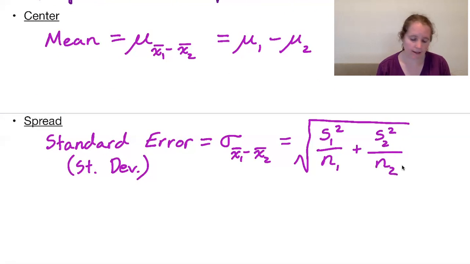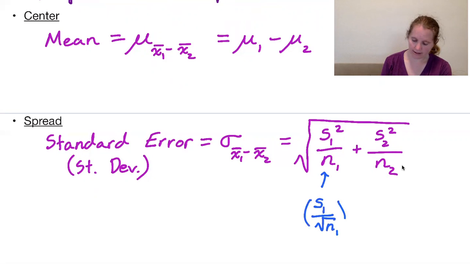So this first part is actually the standard error of the X1 bar distribution. Recall that for the X bar distribution, we would just do the standard deviation divided by the square root of n, so that's just that standard deviation squared. And then we can do the same here.